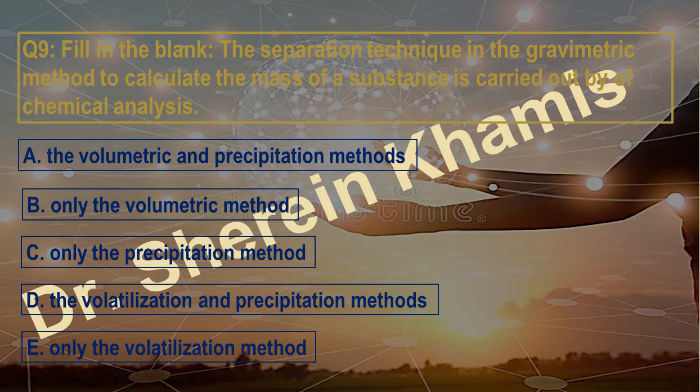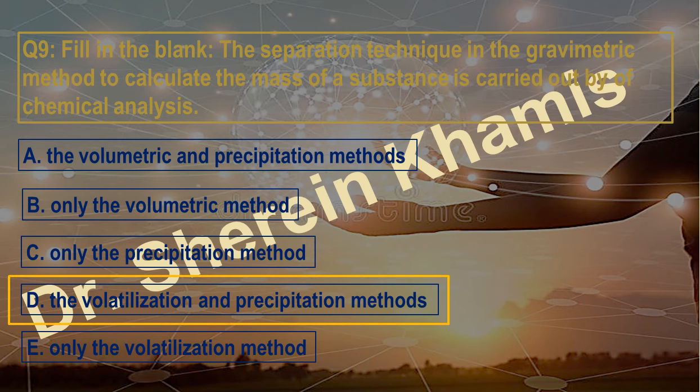Okay, here we have two kinds, there must be two. If we have precipitation, it means we will know the amount by the gravimetric method. Gravimetric means we want the mass or amount, quantitative, so we have precipitation or mass here. And volatilization means that some of the mass of the sample will evaporate because it is volatile, and the rest after will be the product or the mass also.